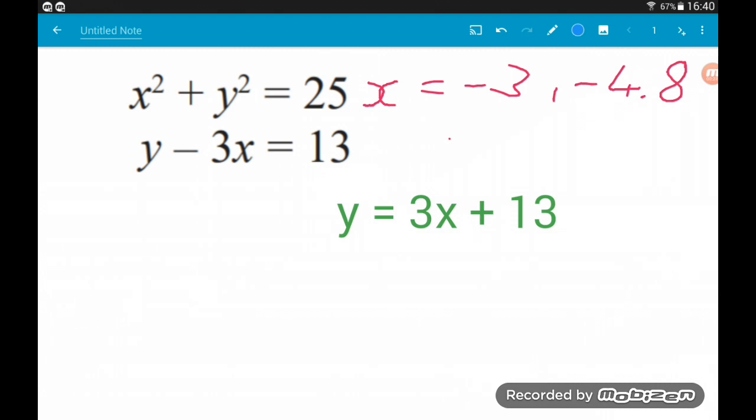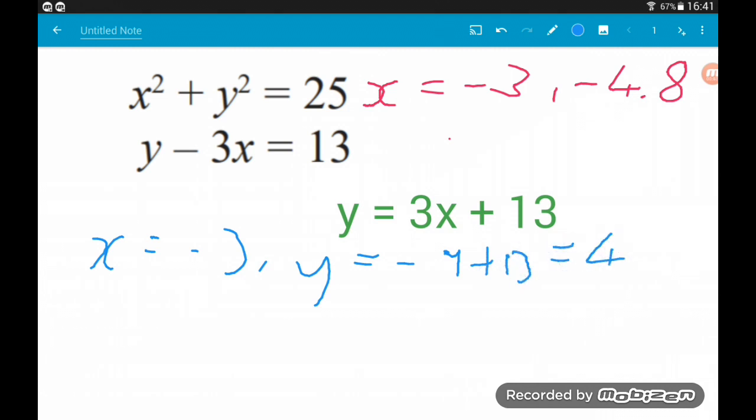So let's first of all substitute x equals minus 3 in. So when x equals minus 3, y is equal to 3 times minus 3, minus 9, plus 13. That gives us 4.